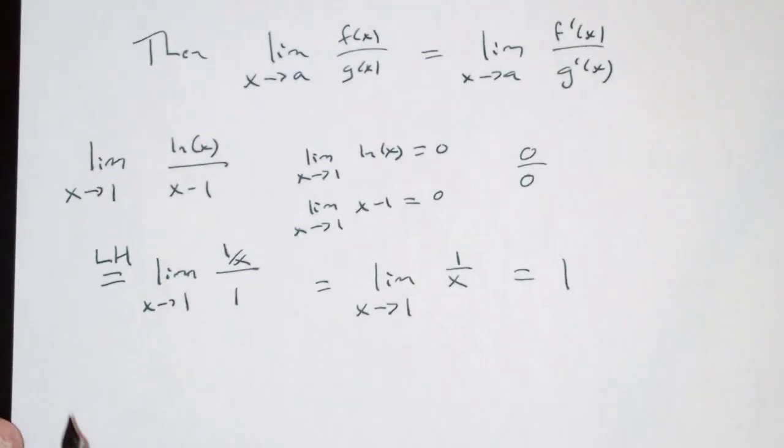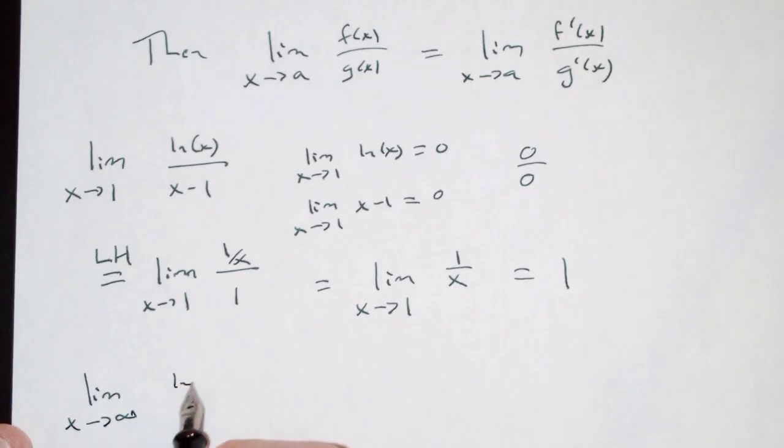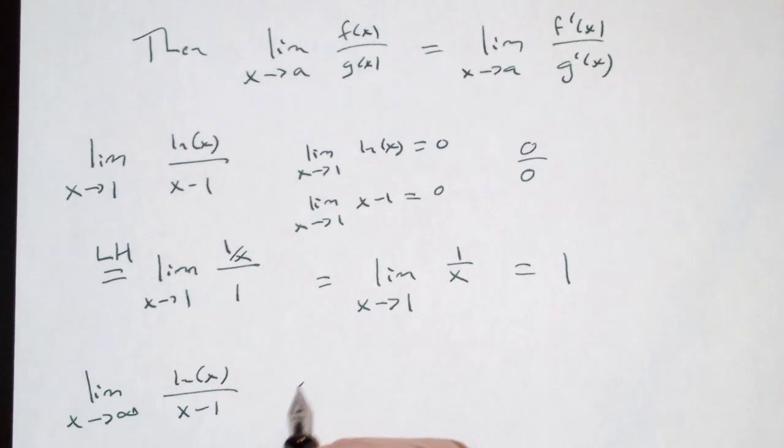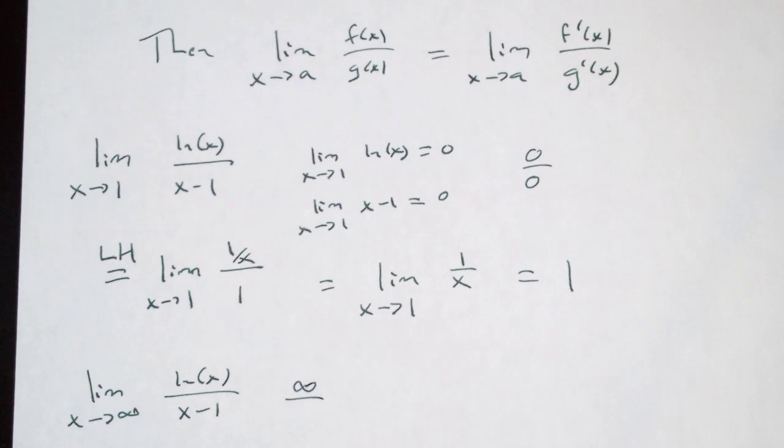I can also do this as we go out to infinity. Because as x goes to infinity, the graph of ln of x keeps going up. That's going to infinity. X minus 1, that's going to infinity.